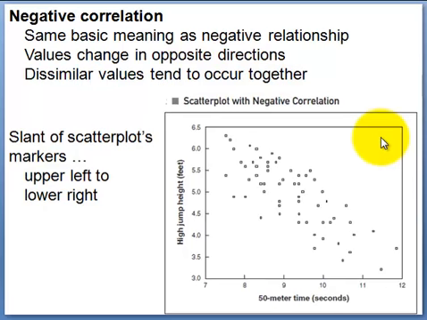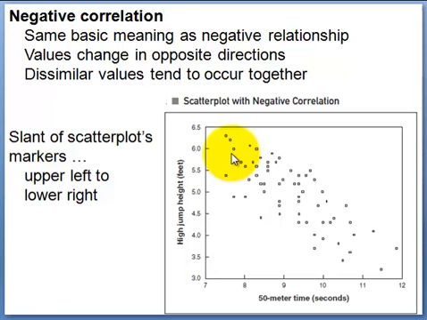The scatter plot on this slide is conveying a negative correlation between two variables, and this has the same basic meaning as negative relationship. So you can see that the slant of the dots is from upper left to lower right. So we can say the slant of the dots is downward.